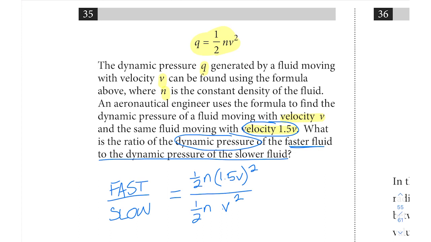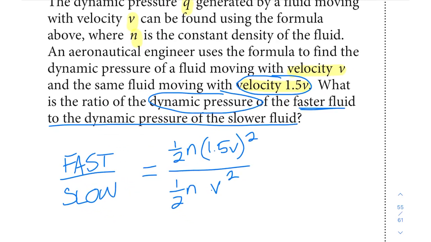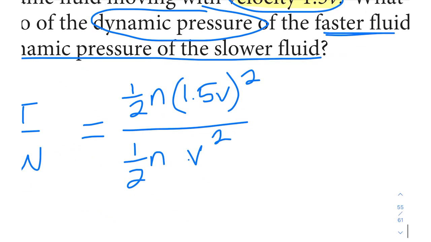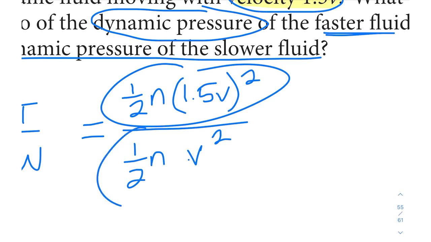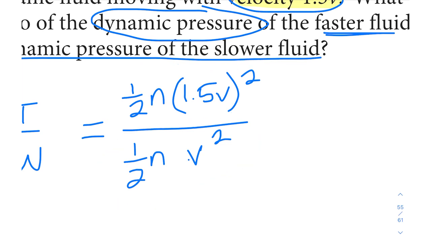And then the slower one will be 1/2 n times v squared, as it's originally written. And the nice thing about these ratios, they look really complicated at first glance, but don't be intimidated just because you have these somewhat complex looking terms in these fractions when you set up your ratio for these kinds of questions, because most of it will cancel out, almost all of it, and we'll see that happen here.